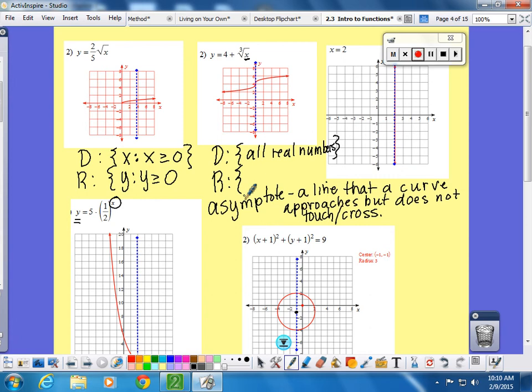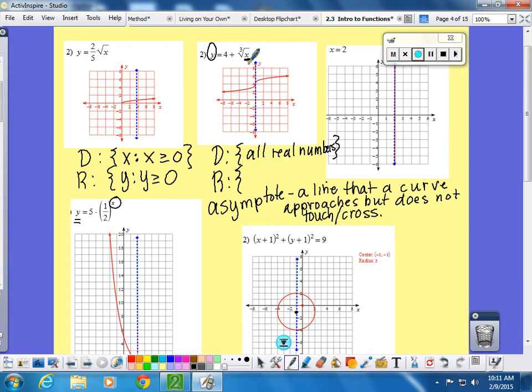Is there any way to make y 0? How can I make y 0? What's x going to be? You're going to put a negative number where that x is. What's that negative number?